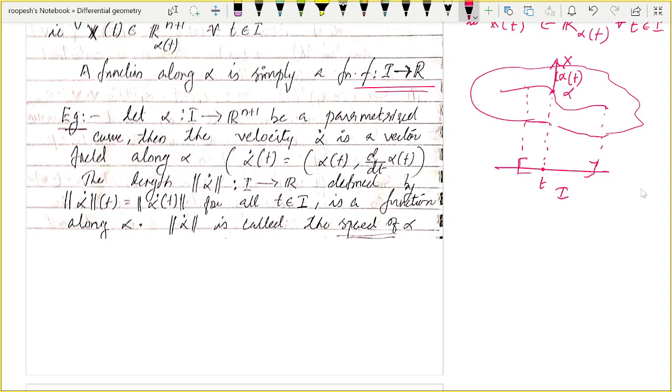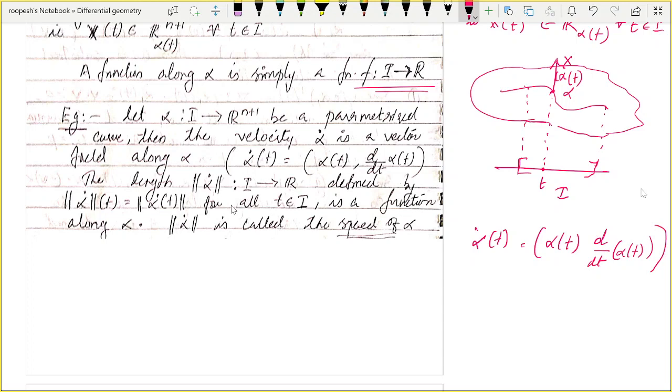Now examples. Let alpha from I to R^(n+1) be a parameterized curve. Then the velocity alpha dot is a vector field along alpha. That means alpha dot of t is defined at the point alpha of t, so it is a vector field along alpha, the derivative d by dt of alpha of t.